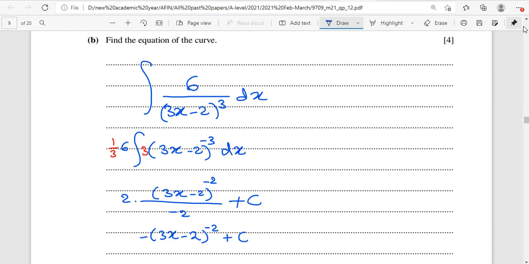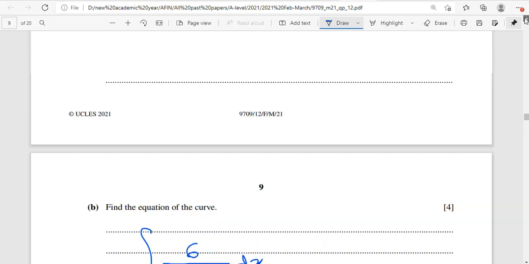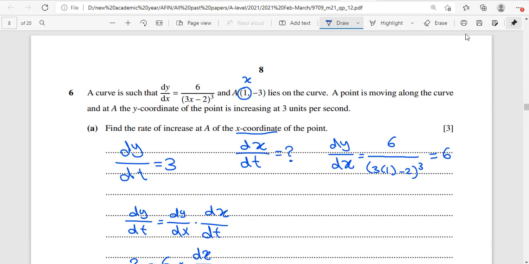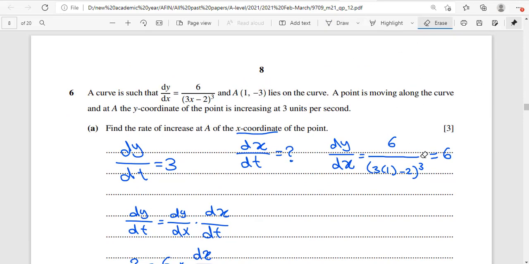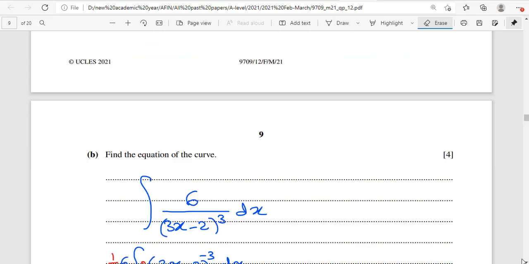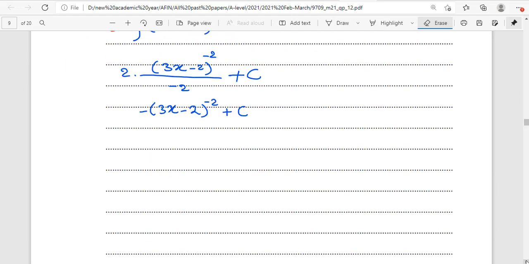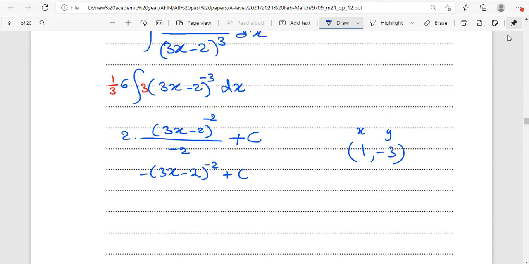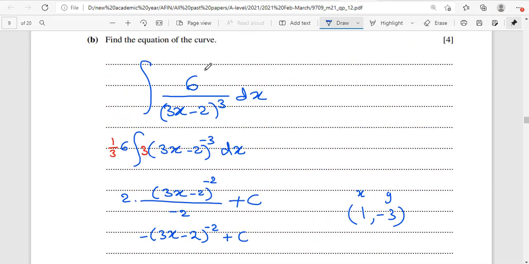We can use the point A to find c. Since we know a point, we cannot leave it as c. Then we use this point. The point is (1, negative 3). The first entry is x. The second entry is y. This was dy/dx, the derivative of y.